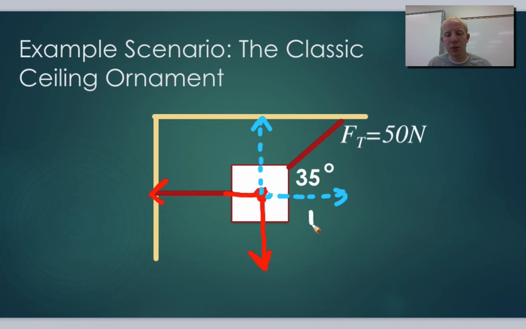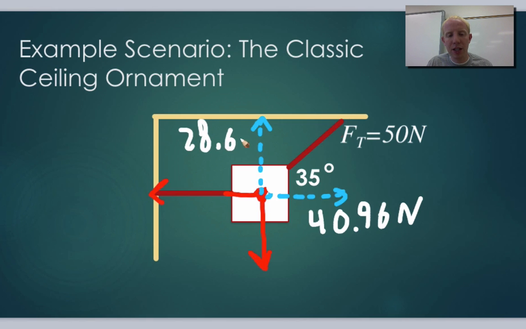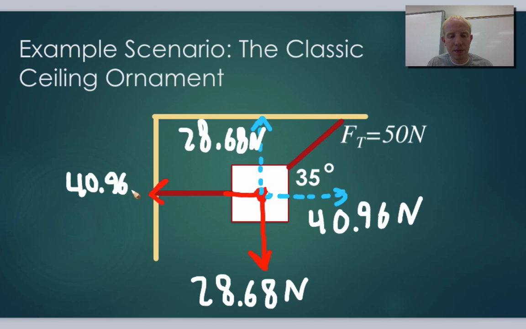Okay? Now we need the two numbers we got last time. We found that the x was 40.96 newtons, about 41 newtons, and this was 28.68 newtons, right? So if this is 40.96 newtons and this is 28.68 newtons, then to keep this balanced in equilibrium, the gravity must be 28.68 newtons, and this tension must be 40.96 newtons.